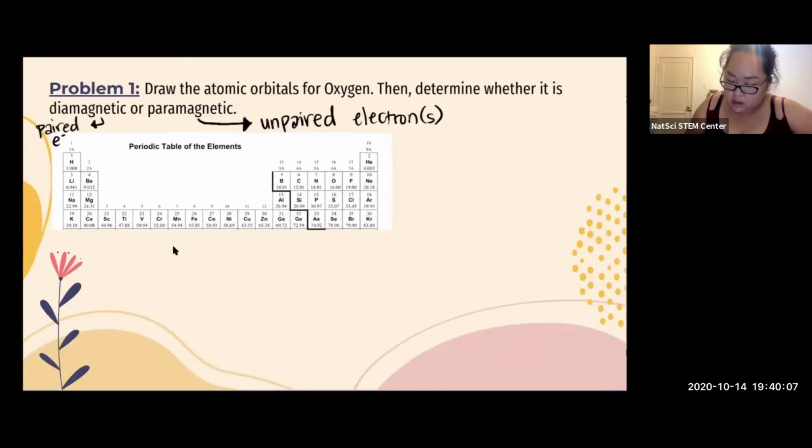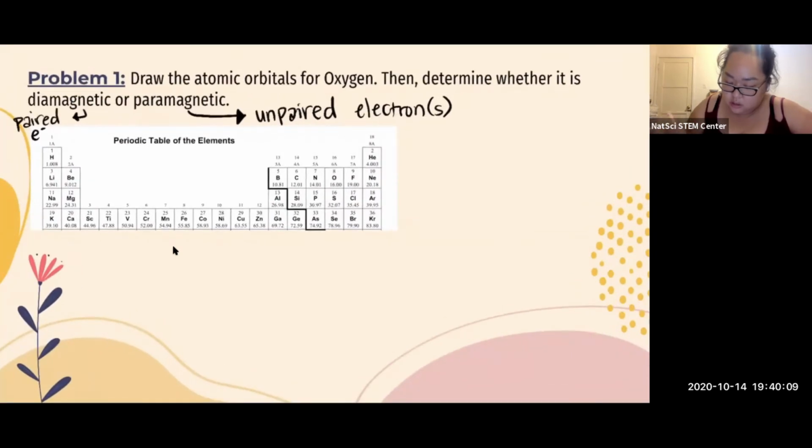If we're drawing the atomic orbitals for oxygen, oxygen is here. So you know 1s is filled, 2s is filled, 2p is not filled all the way. So it's 1, 2, 3, and 4.